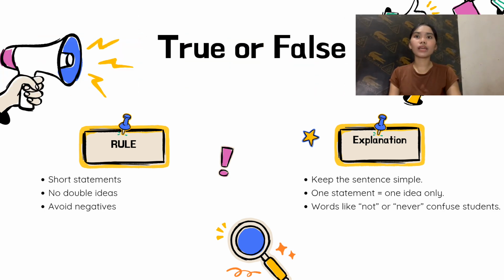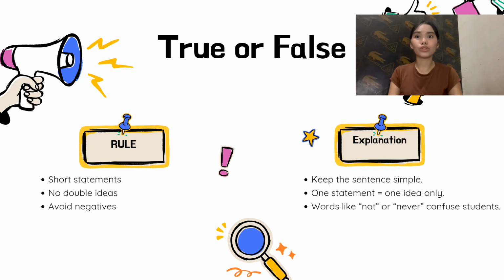Ang rules naman nito is maiksi at dapat diretso yung sentence para madaling maintindihan. Second one is huwag gumawa ng statement or sentence na may dalawang idea dahil mas nakakalito yun.